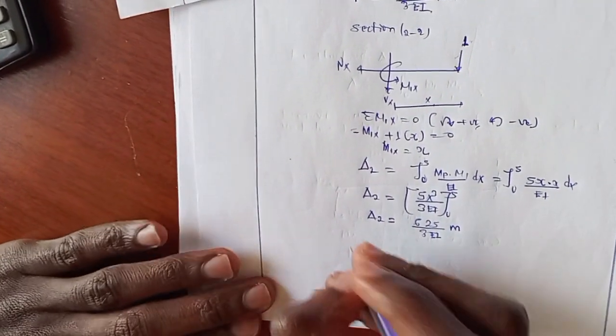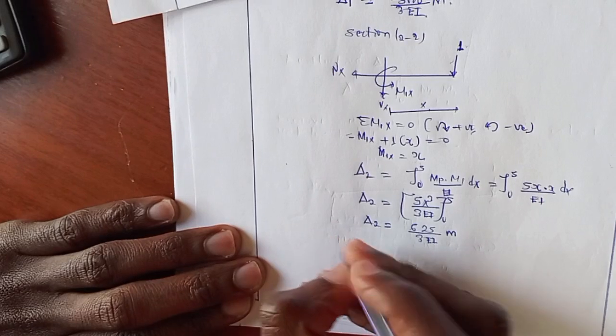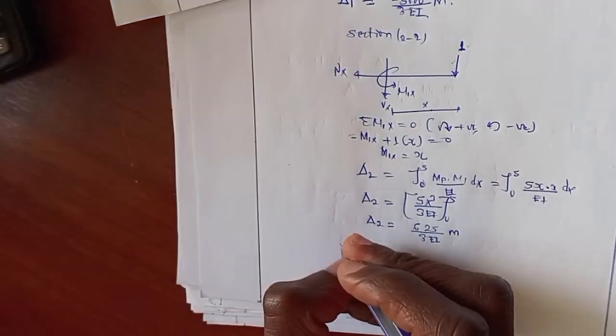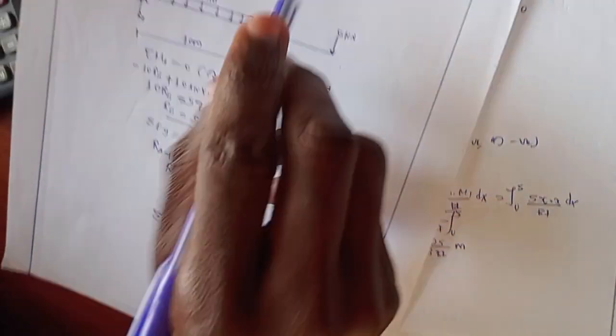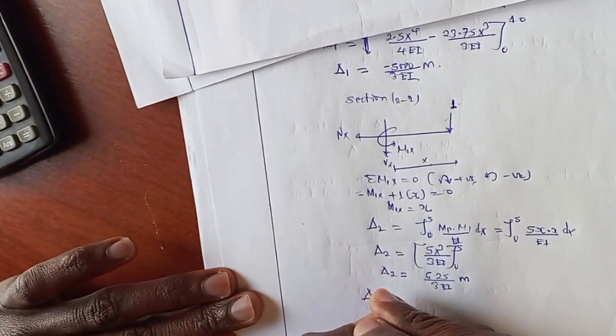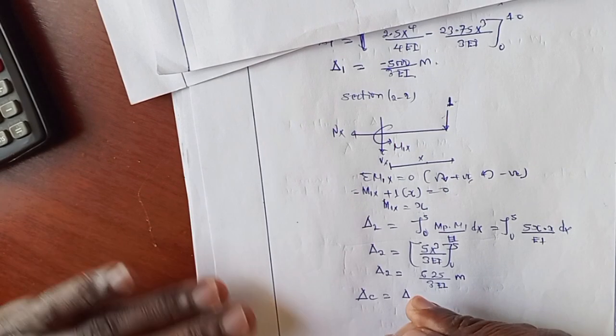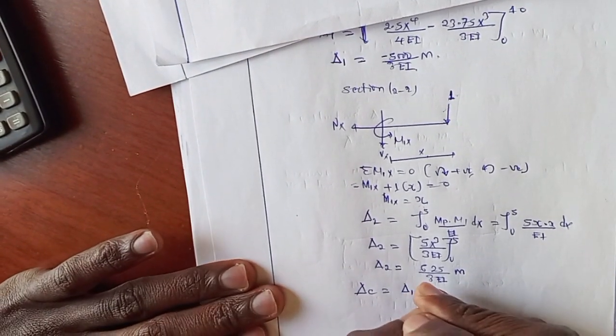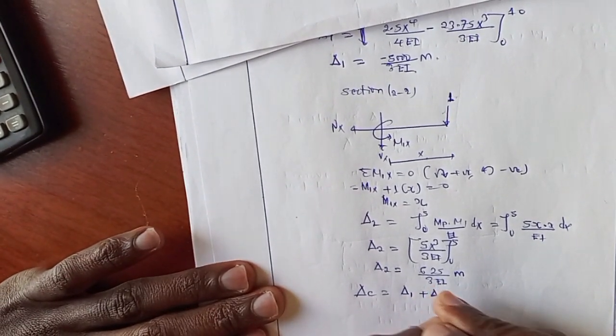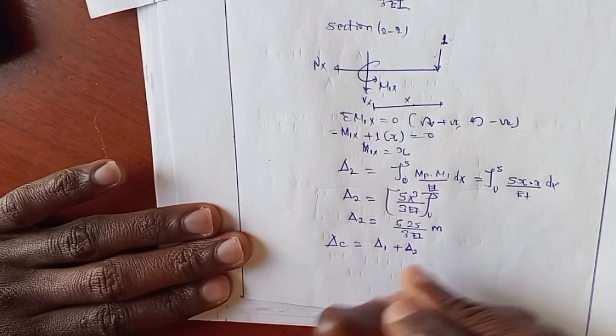Now we are going to calculate deflection for point C. In order to obtain deflection for point C, we will take the deflection which we have obtained for section 1 plus the deflection which we have obtained for section 2.